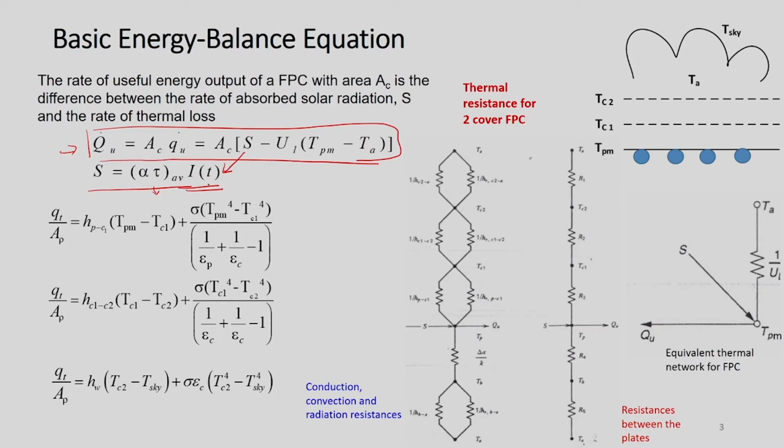So, let us now consider a flat plate collector with a two glass cover system. We have an absorber plate here, this is glass cover 1, this is glass cover 2, which is at temperature Tc1 for glass cover 1 and Tc2 for glass cover 2.